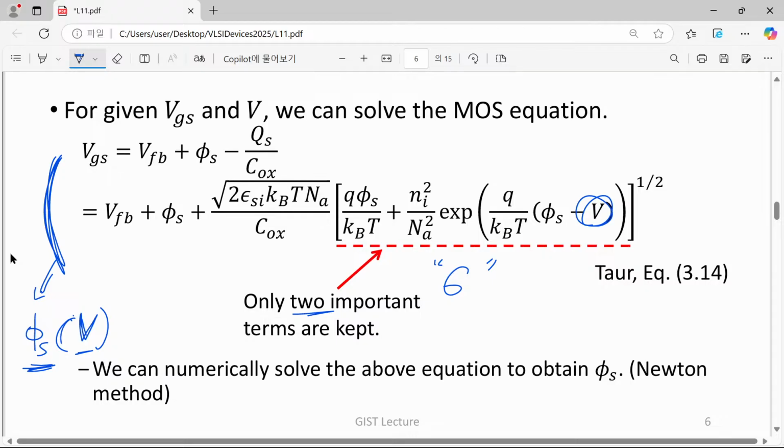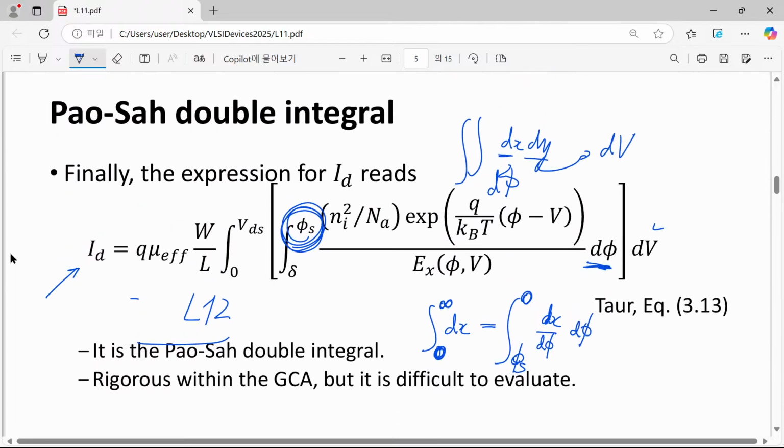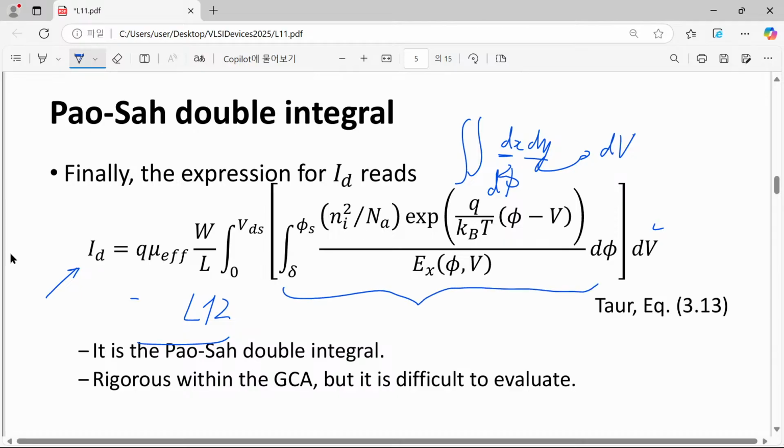When we have a look at this Pausa integral, here we have a double integral, and when we perform this inner integral, we have to say that electron quasi-Fermi potential is a given number.